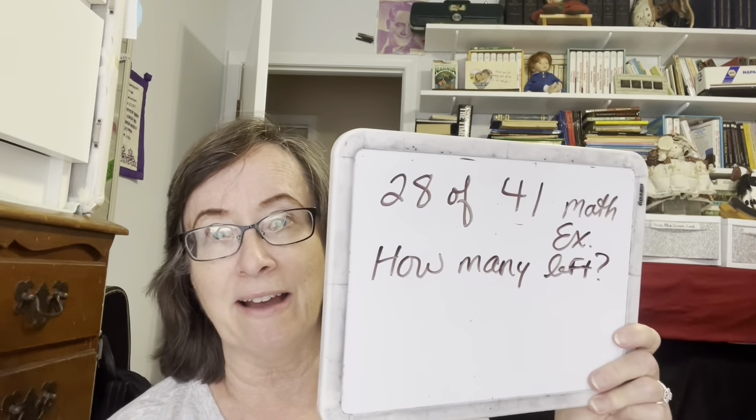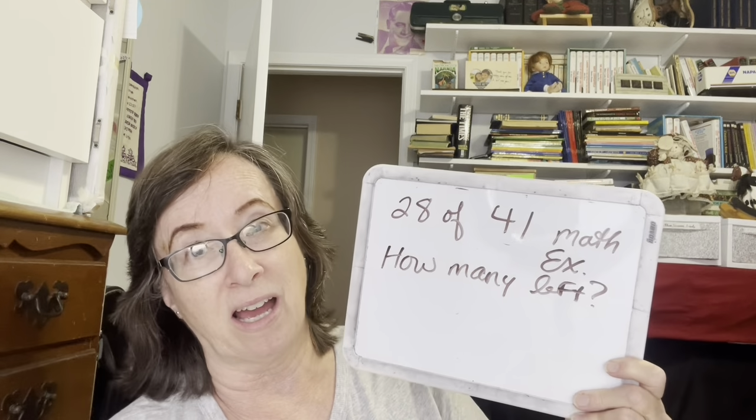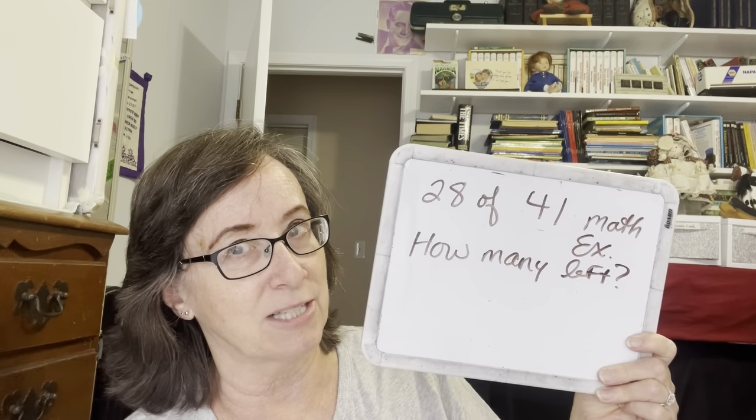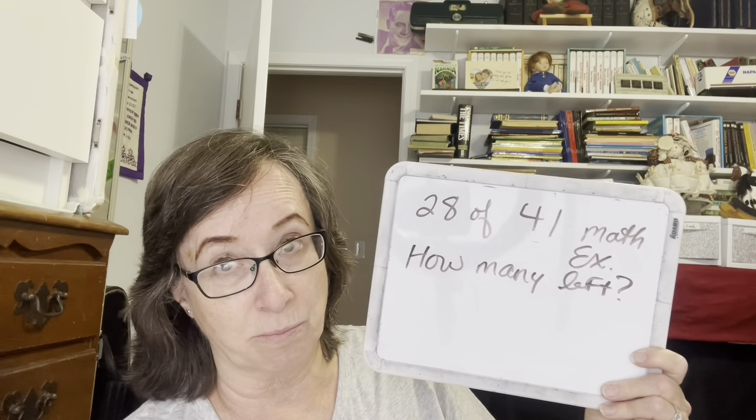Okay, let's look at number 3. It says, Roger completed 28 of 41 math exercises during school. How many exercises are left for him to complete after school? So he did 28 out of 41 that he has to do for homework. So how many are left? This is a subtraction problem.